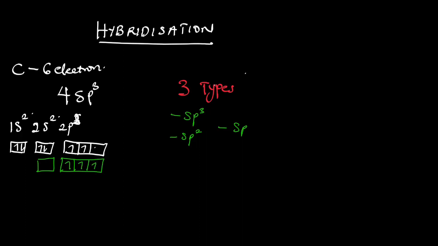Alright, so this is what really happens. You can see it can form 4 possible bonds based on this illustration. So what really happened in the sp3 is that all of them blend together, mix together, which is hybridization, to form 4 sp3.